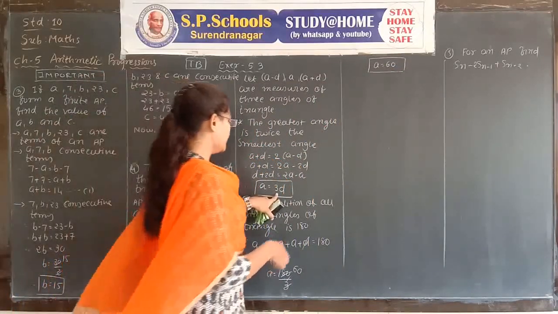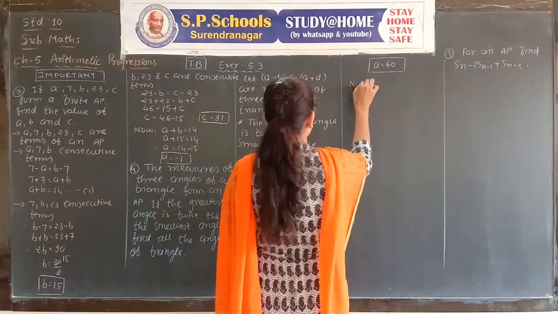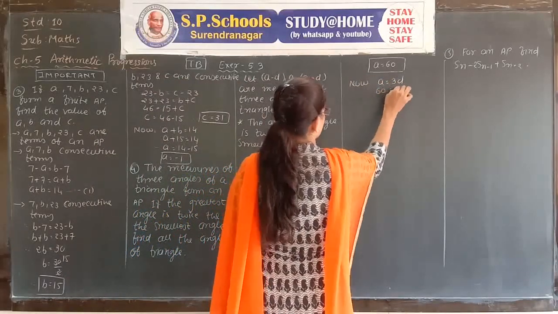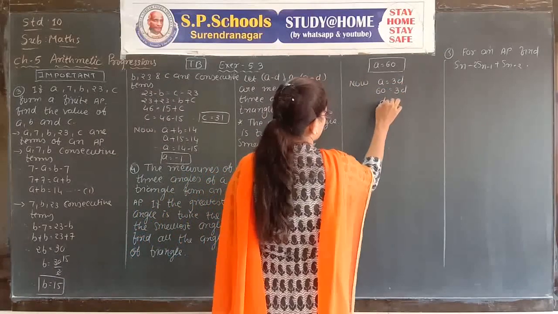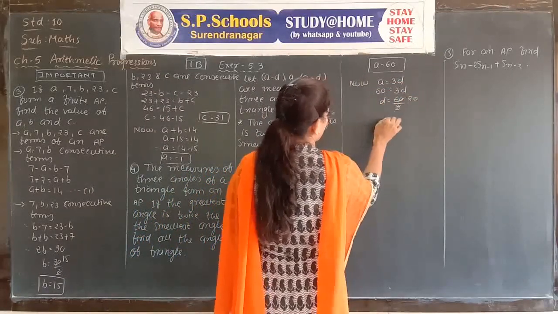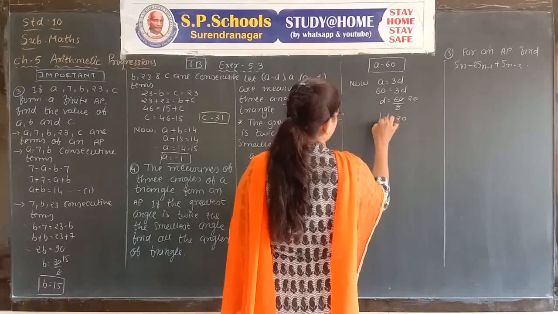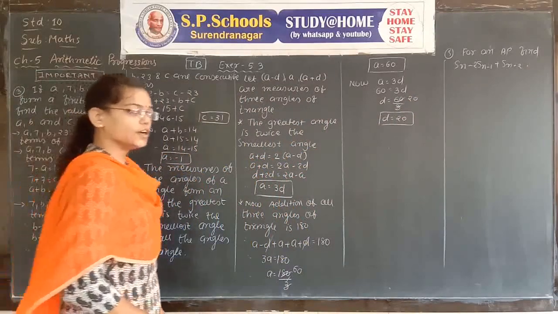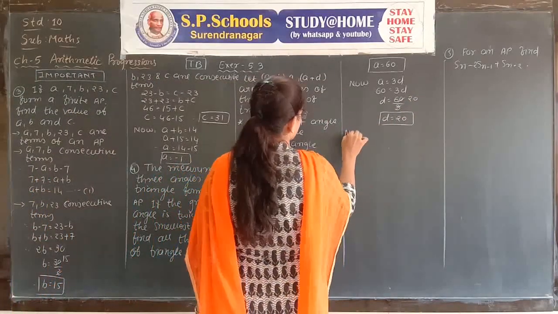To obtain the value of D, use A is equal to 3D. 60 is equal to 3D. That's why D is equal to 60 upon 3. Three 20s are 60. That's why D is equal to 20. Here the value of D is 20 and A is 60. Now we are going to find the measures of the three angles.